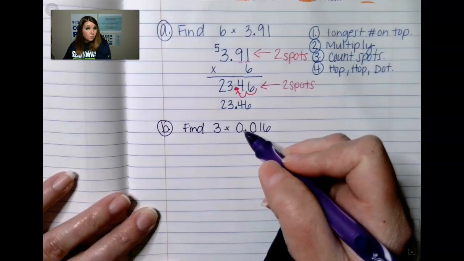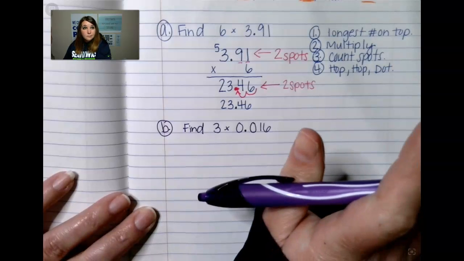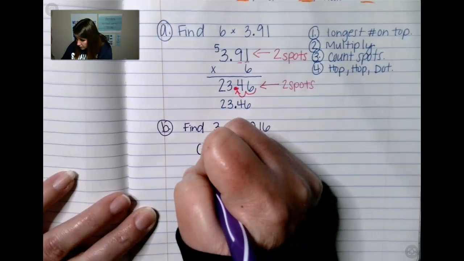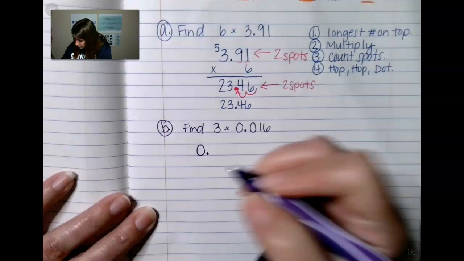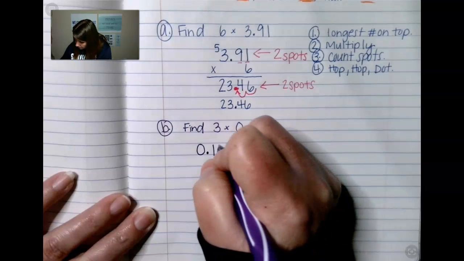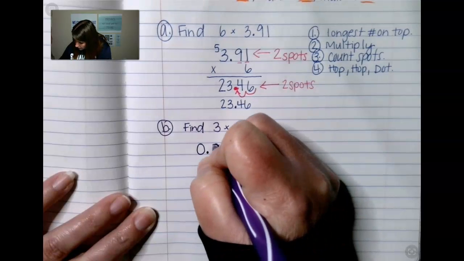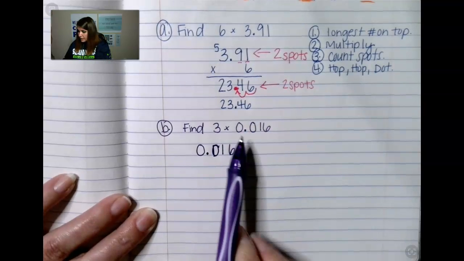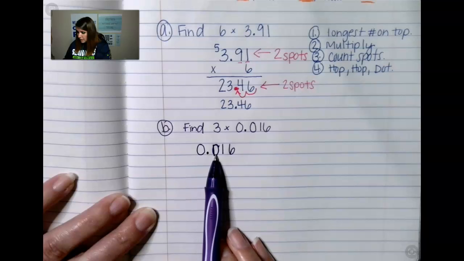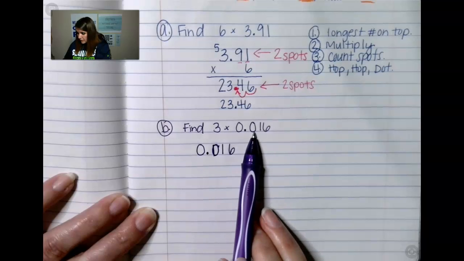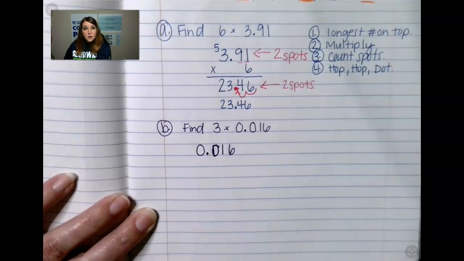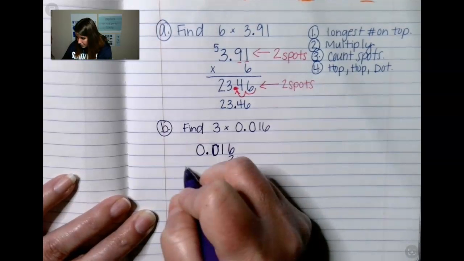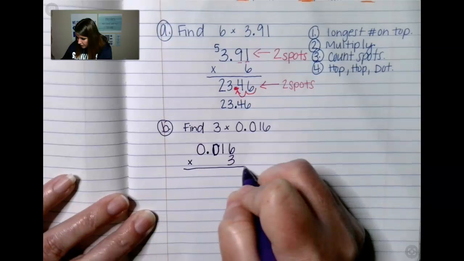If you want to put it, you can, so I'll put it there just so it doesn't confuse anybody. 0.016. Great. That's my longest number, and now I'm going to multiply it by 3.